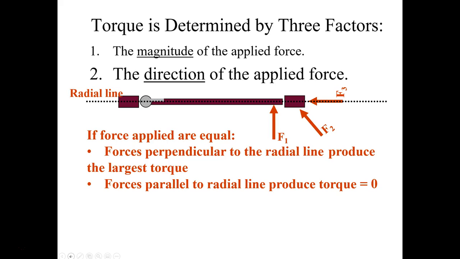So F3 here is producing no torque. In the case of F1, because it's completely perpendicular to our radial line, the entire force produces torque. And in the case of F2, only the Y component here is going to produce torque. So only the portion perpendicular to our radial line produces torque. The portion parallel produces no torque at all.